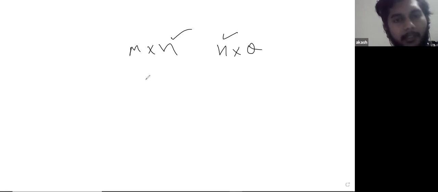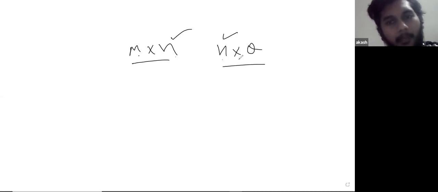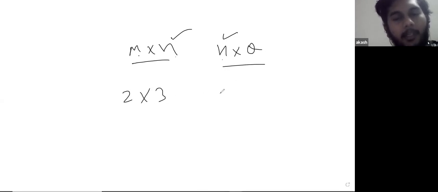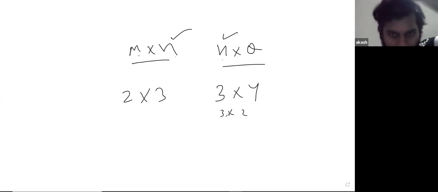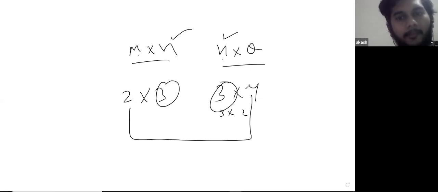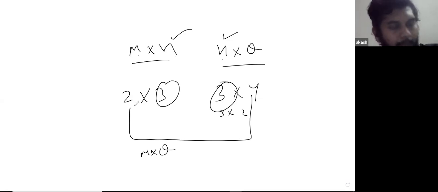Like if you're multiplying 2 cross 3, then the second matrix has to have the order 3 cross 4 or 3 cross 2 or 3 cross anything, right? These numbers have to be the same, and the resultant matrix would have the order m cross q. Are we clear, Imran?